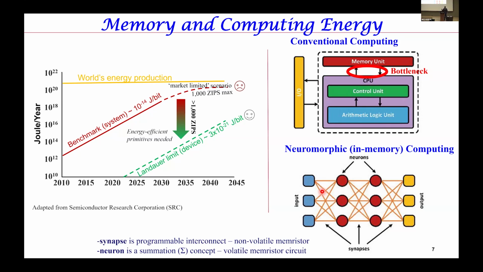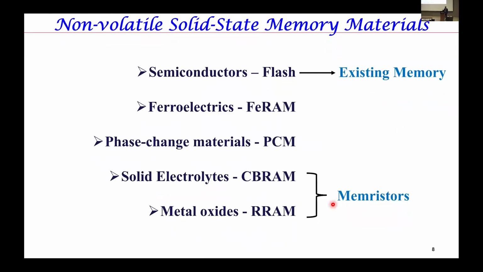So there is no rate limiting step, so to speak. This is exactly what many of us in the community and many folks here at Argonne are also working on: to realize these kinds of primitives, synapses and neurons, using solid state materials and convert that to computer architecture. So I'll mostly speak from the device level, the primitives.